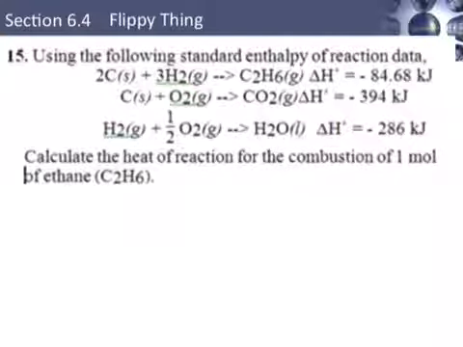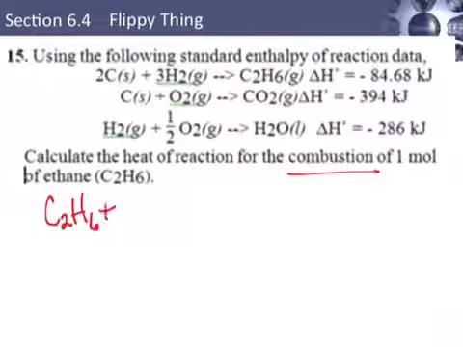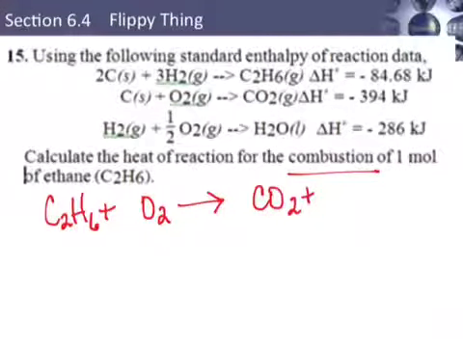Okay, now we have the following. Using the following standard enthalpy of reaction, calculate the heat for the combustion of 1 mole of ethane. It does not give me my goal. So we need to come up with our goal. So we're going to take ethane, C2H6, and we're going to combust it, which means we're going to add oxygen, and we're going to get carbon dioxide and water.